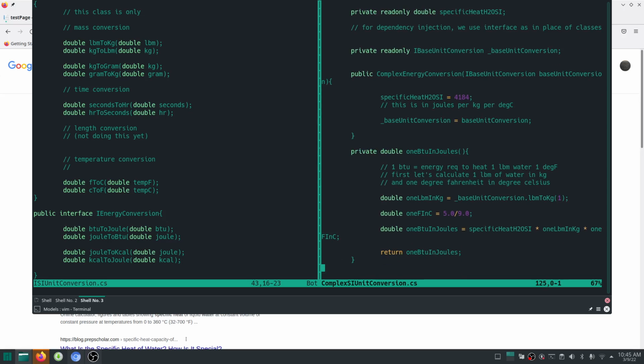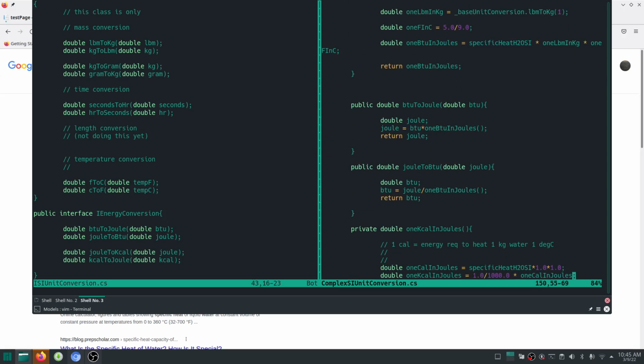After that, 1 Fahrenheit in degree C is just times 5/9, because 5/9 degree C is 1 Fahrenheit of difference. 1 BTU in joules is the specific heat of water in SI units times 1 pound mass in kg, about 0.44 kg, times 5/9 degree C. Then I return 1 BTU in joules. I assume you know all these calculations if you do engineering work a lot, so this is very common.